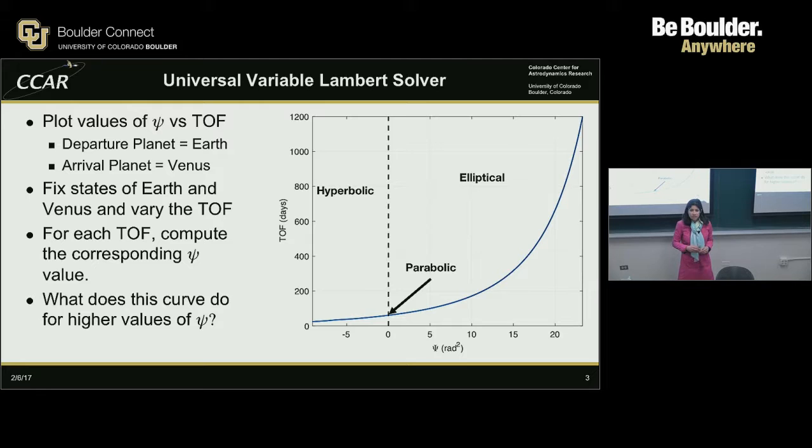I was just thinking, strictly, psi is only delta E squared in the elliptical case, right? Because you can't have a square root of a negative. So I think Vallado defines some other variable for that. Yeah, for the way this universal formulation works, if you get a negative value, then you're looking at a hyperbolic orbit.